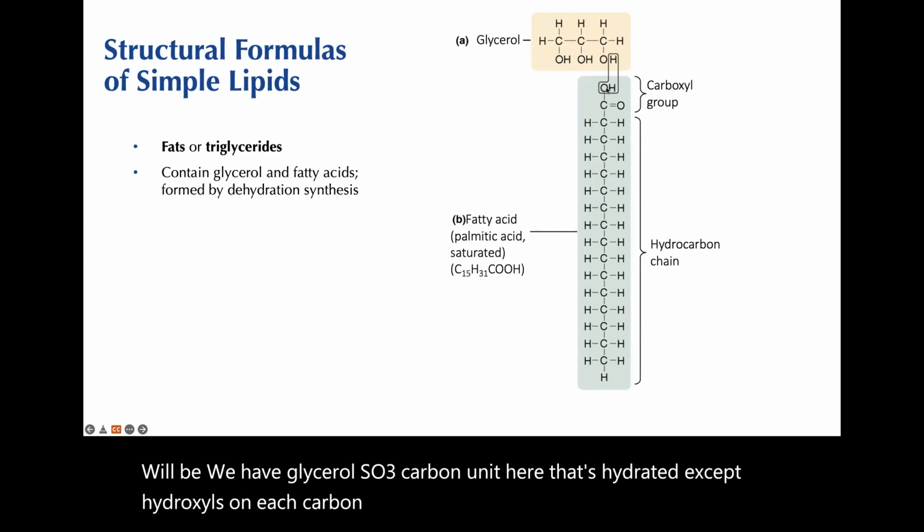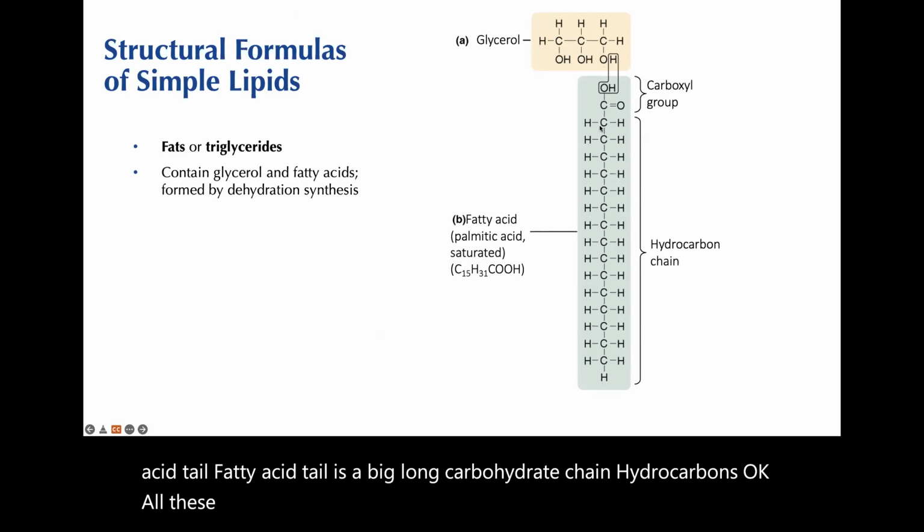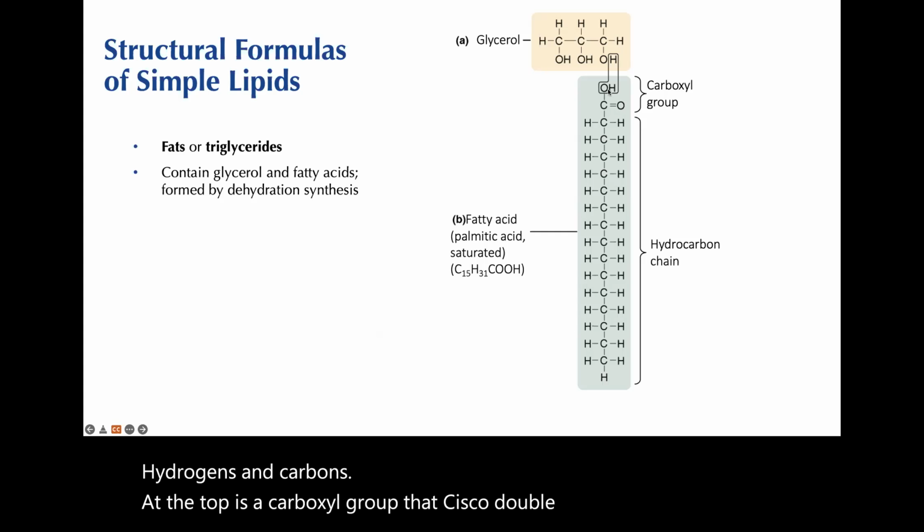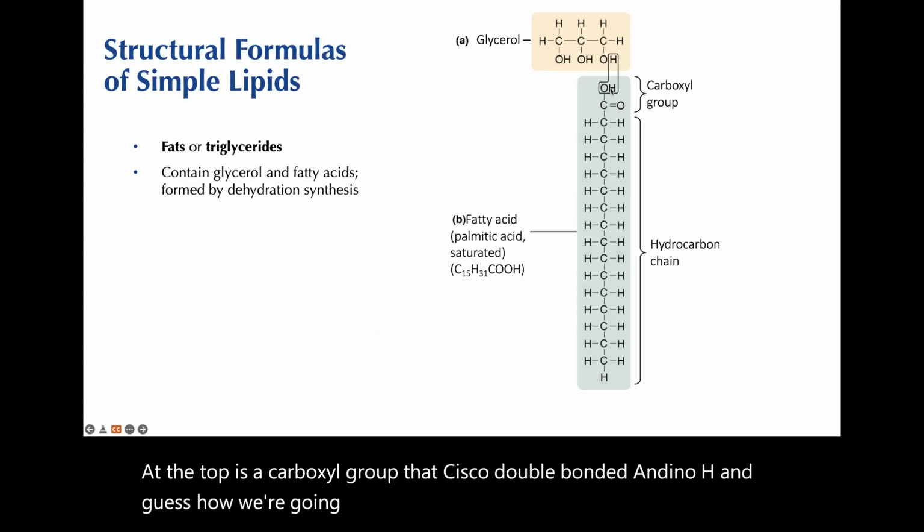So a fatty acid tail is a big, long hydrocarbon chain, okay? All these hydrogens on carbons. At the top is a carboxyl group, that's a C double bonded to O and an OH. And guess how we're going to link our glycerol to our carboxyl group?